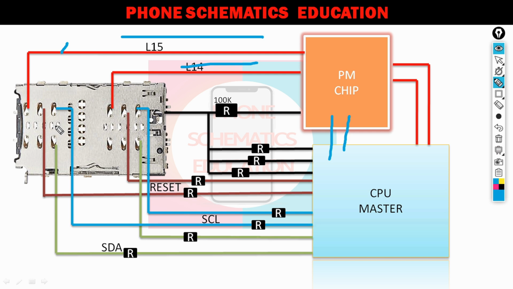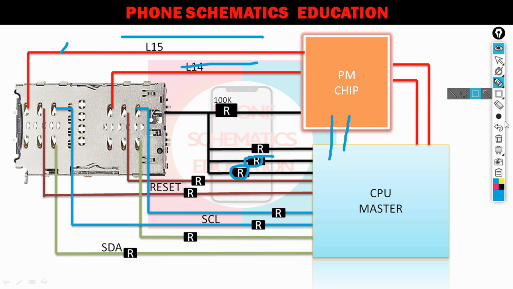So the CPU finds only SIM 1. After that the CPU detects, and through this, right, the CPU stops these voltages for the SIM 2 and the memory card.